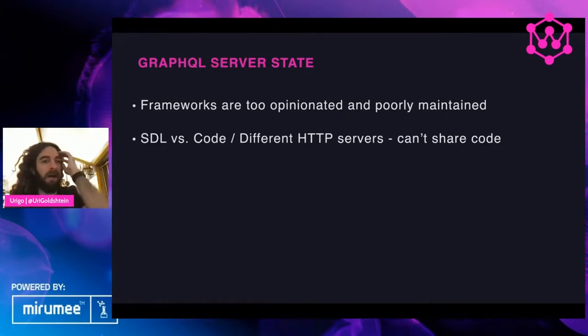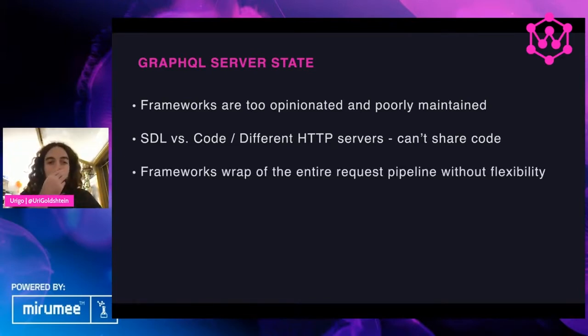Another thing is that those servers take opinions, right? If you use SDL, schema first, or code first, suddenly, for whatever reason, you can't share all kinds of solutions around caching and logging and things like that. Why not? Why won't we be able to share the same solutions across the whole ecosystem? Also, those libraries are wrapping basically the entire request pipeline.